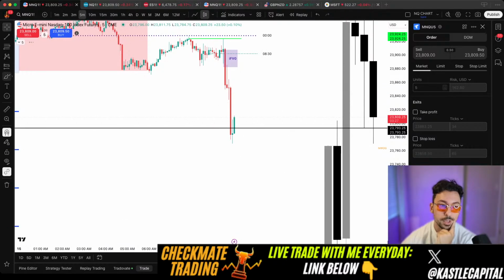We do have a 5-minute inversion here. If this ends up closing above, then yes, you can look for shorts, but I think it's going to be used as a rejection.